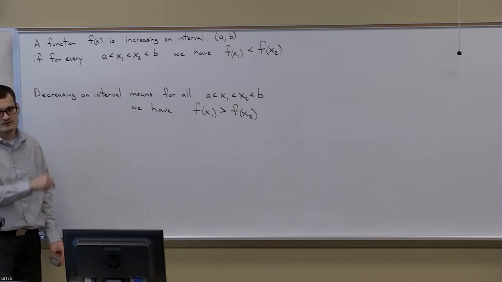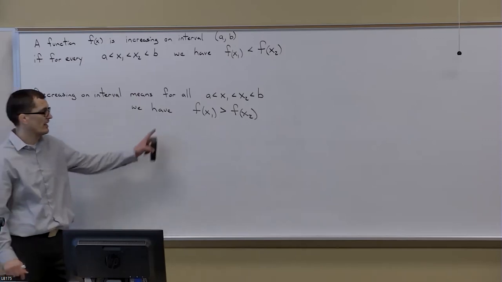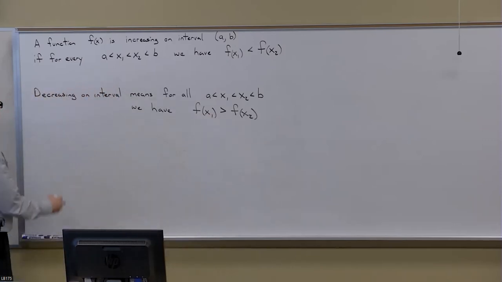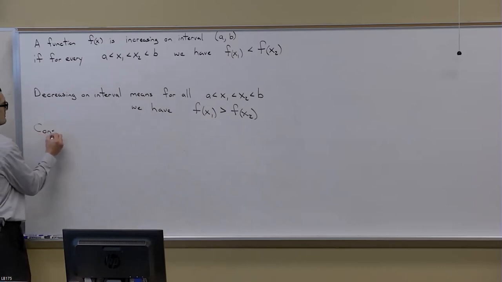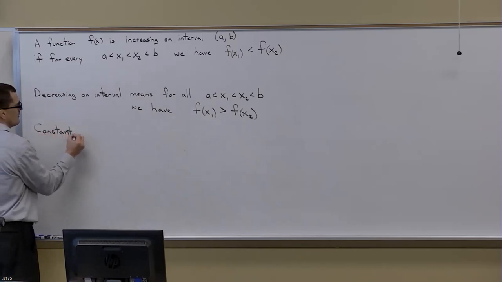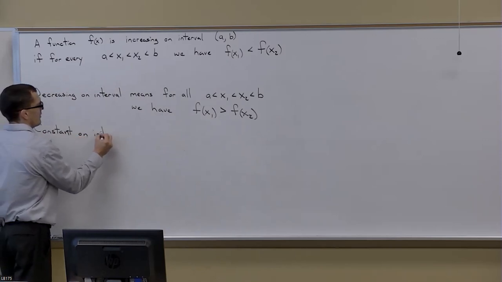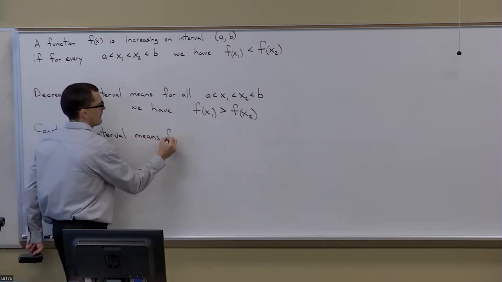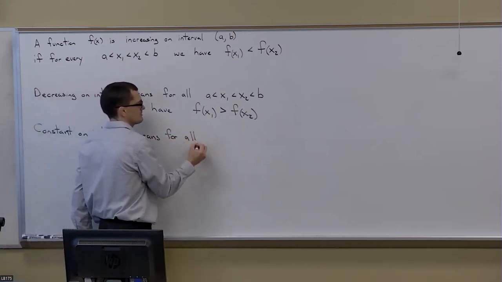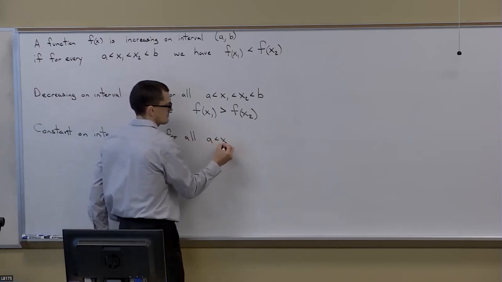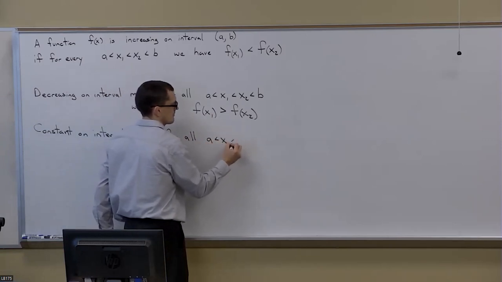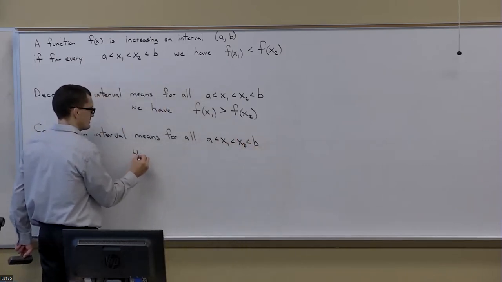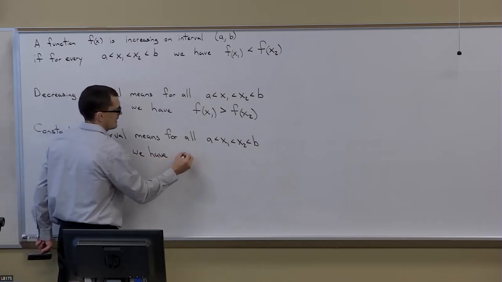So it's going down. The one that's further to the right has the lower y value. And then constant on an interval means for all x1 and x2, we have f of x1 and f of x2 equal.